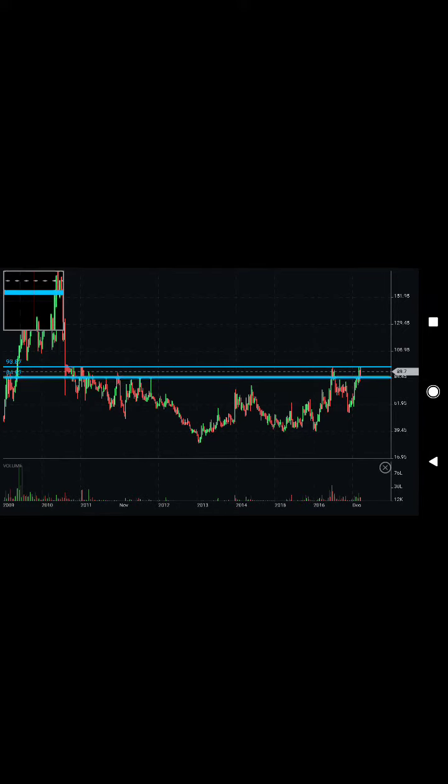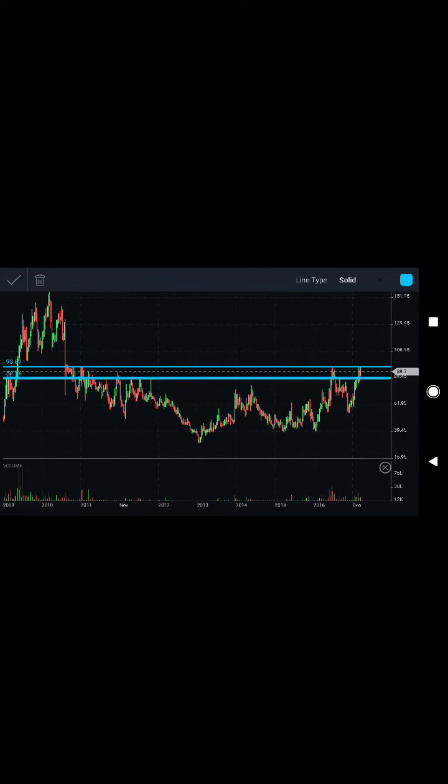I have already added at 84, so my stop loss is around 78. I will trail it if it goes above 95. I'll add more, and then I'll make my stop loss 85 again. And this is the support zone around 84, so it should hold 84 also. Good risk reward here for the stock.